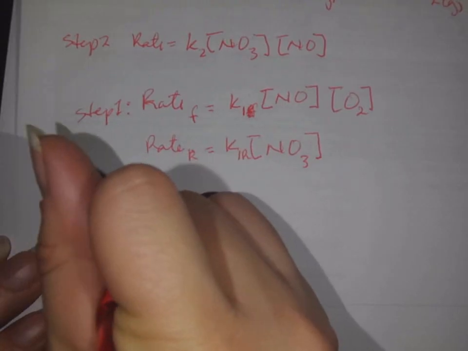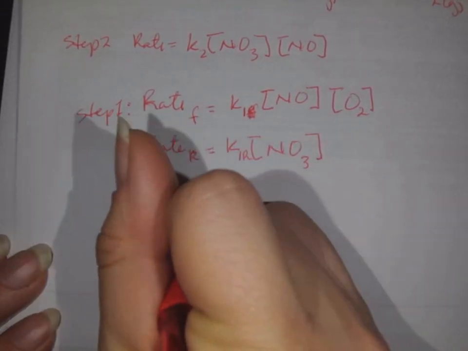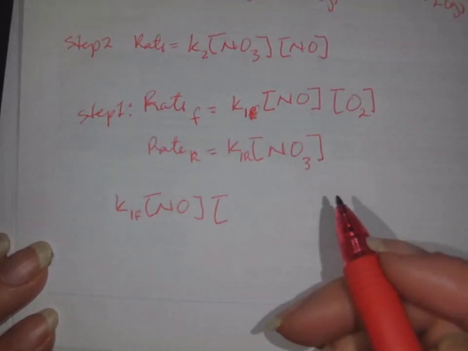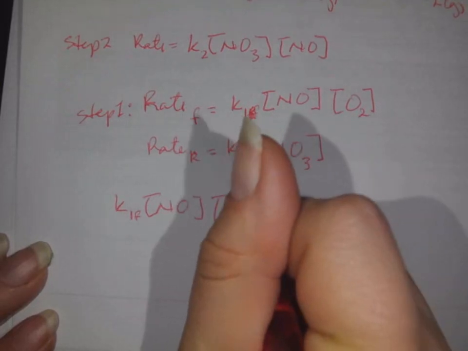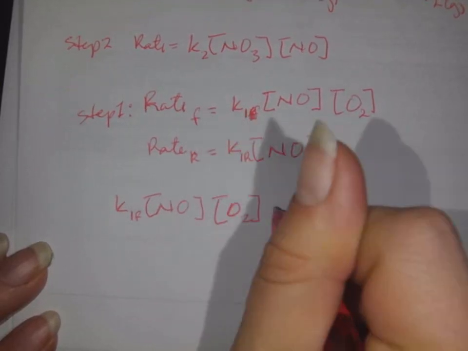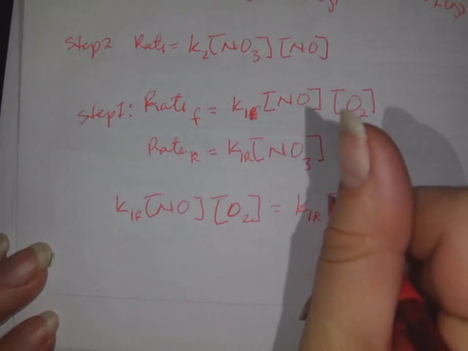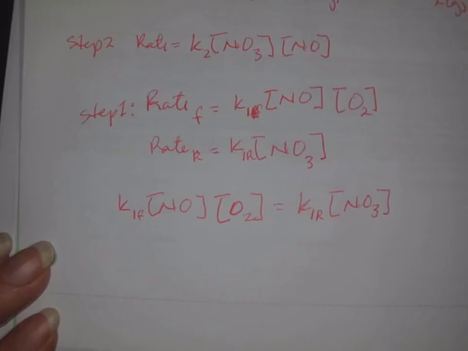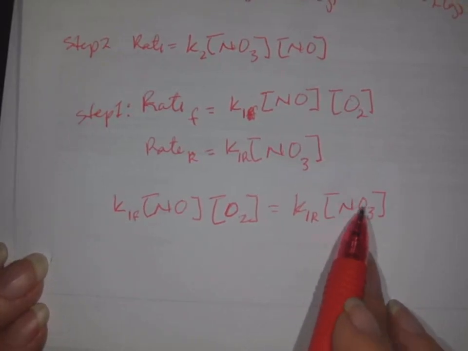So I could say K1 forward, concentration of nitrogen monoxide, concentration of oxygen O2, that's going to equal K1 of the reverse reaction, concentration of nitrogen trioxide. And our issue right now is this intermediate.